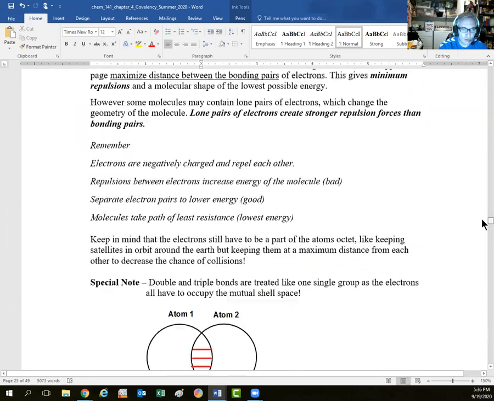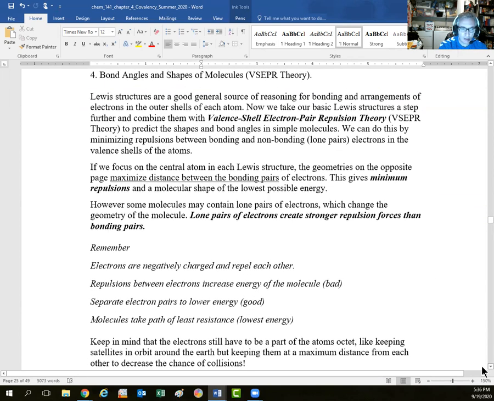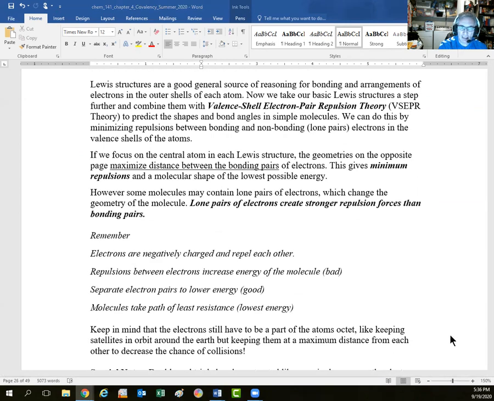that takes us on to shapes of molecules, stepping up the trickiness a little bit. So we're looking at the electron pairs which are around the central atom, these bonding pairs, and looking at how those electron pairs which are negatively charged repel other electron pairs which are negatively charged.